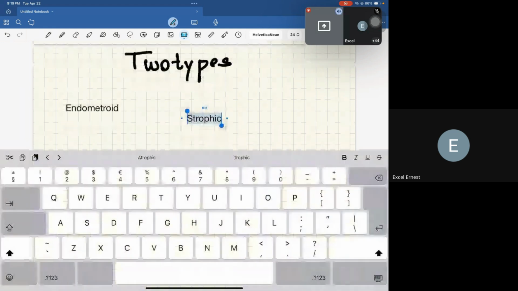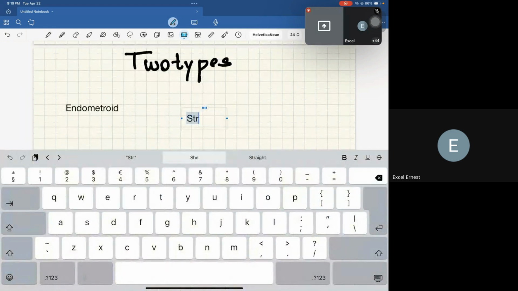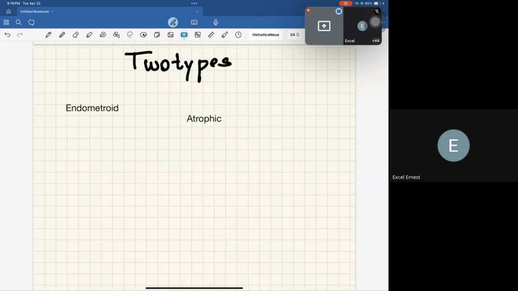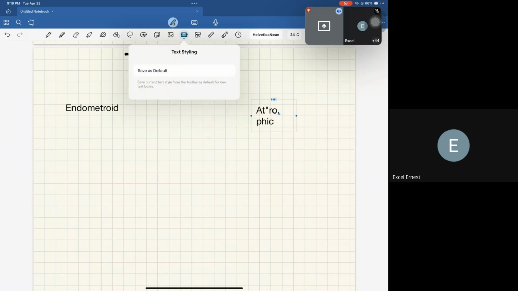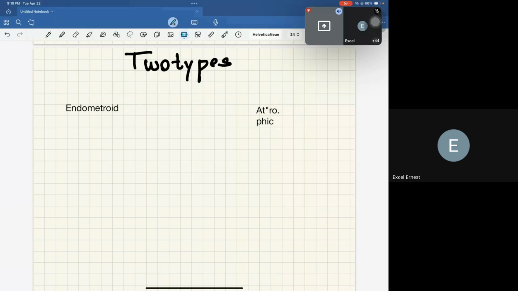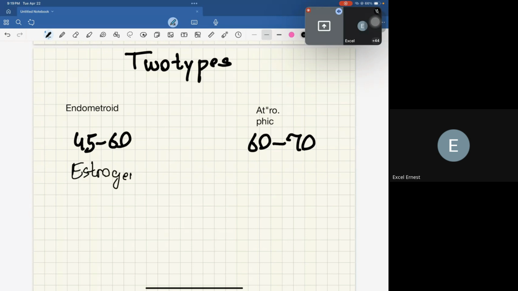Now remember, the atrophic type occurs in older aged women, most likely above the age of 60s, so 60 to 70-year-olds. The endometrioid type will occur in 45 to 60-year-olds. This one will occur due to estrogen, and the other one occurs due to P53 mutations.